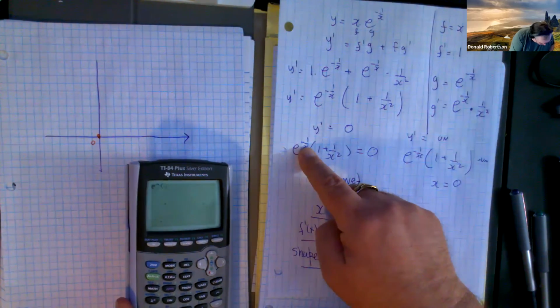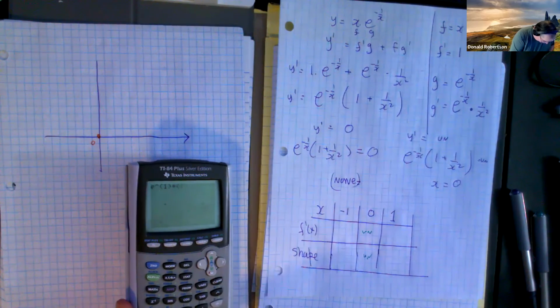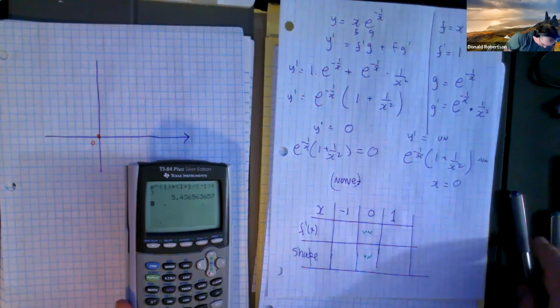Negative 1 gets you 1. So it's actually e to the power of 1 times a bracket 1 plus 1 divided by negative 1 squared. And that answer ends up being 5.4.